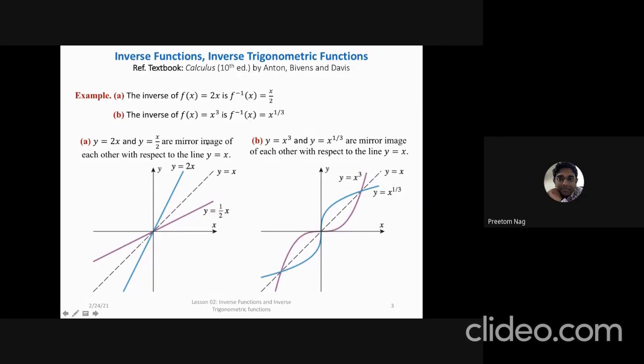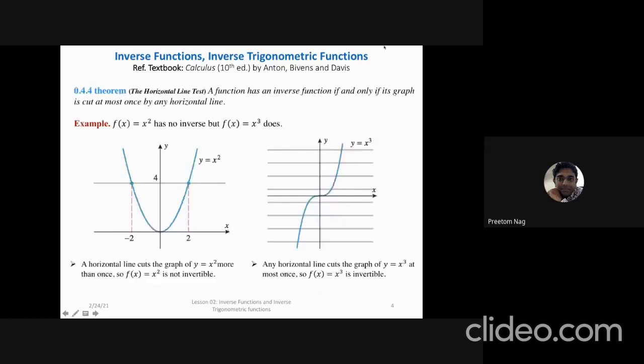And graphically, if you are asked to verify, y equal to 2x and y equal to x by 2 are inverse to each other about the line y equal to x. Similarly, y equal to x cube and y equal to x to the 1 by 3 are inverse to each other about the line y equal to x. Okay. So in the MCQ, a graph may be given where you have to check which graph follows the inverse relationship.